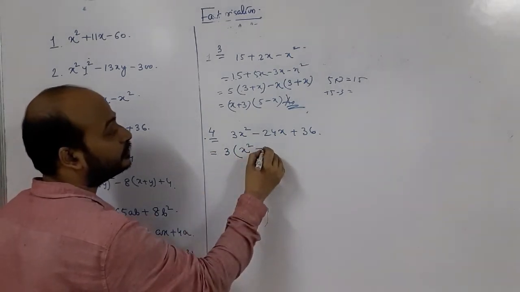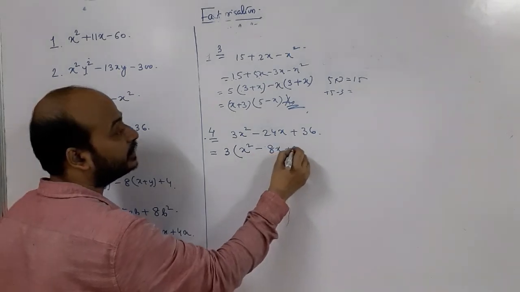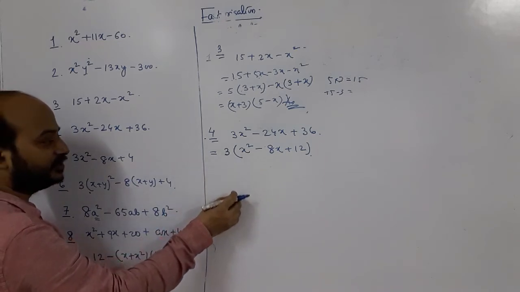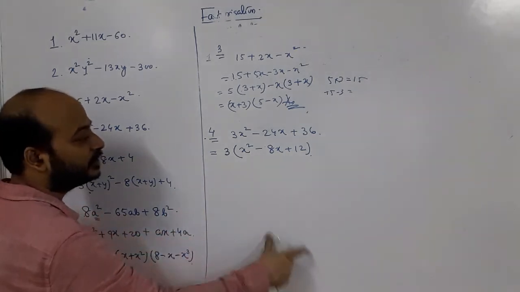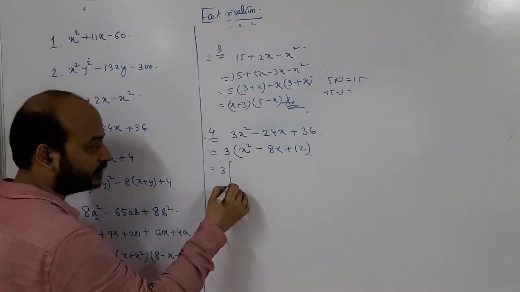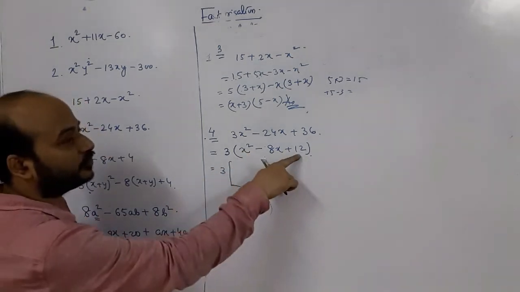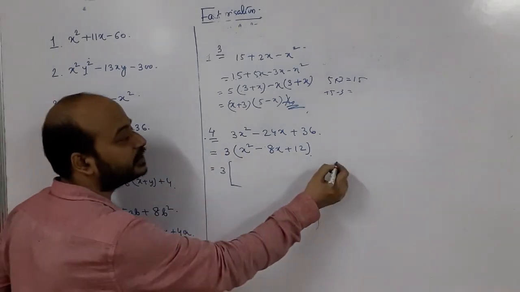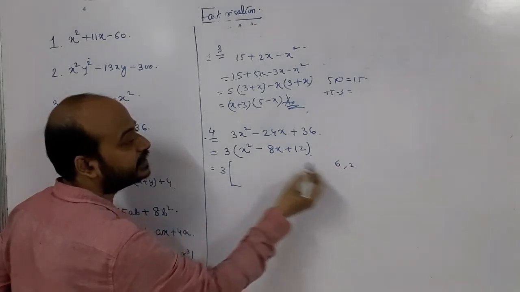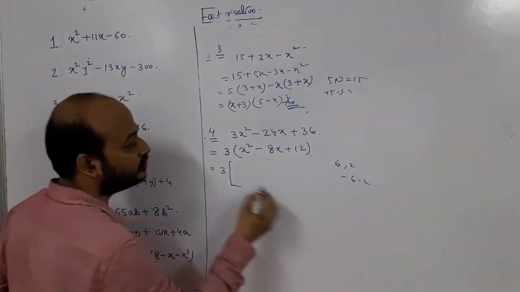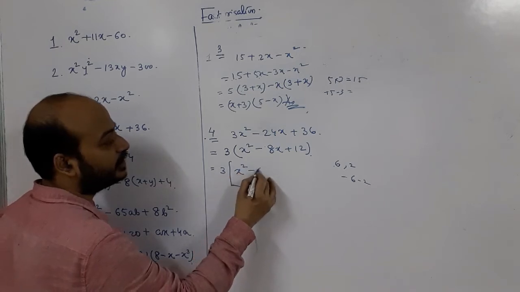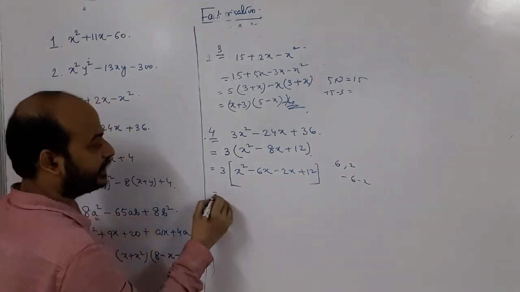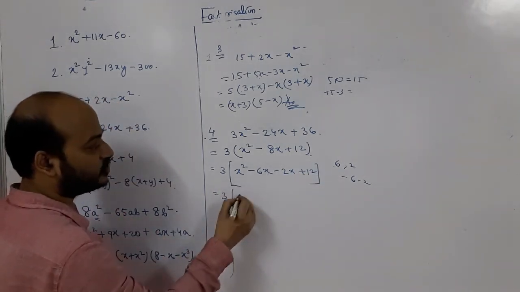Okay. So 3 into x square minus 8x plus 12. Now at every step we will write 3 outside and do this middle term in a big bracket. Now the normal middle term, 1 into 12 is 12. We have to break 12 to get 8. So 6 into 2 is 12, and how to get 8? Minus 6 minus 2. So I write here x square minus 6x minus 2x plus 12, and then normally I can take x common.